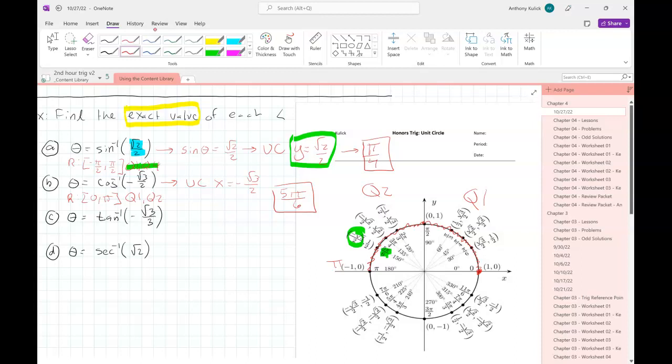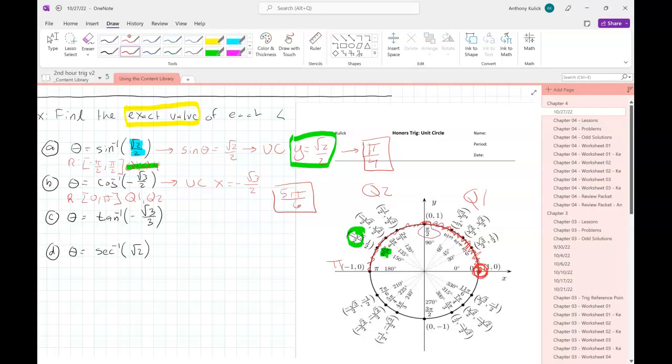So I'm drawing a standard position angle, right? A standard position angle starts on the positive x-axis and it rotates. If it's a positive angle, like 0 to pi, those are all positive angles, it's going to rotate counterclockwise. So I'm just going to start going this way.